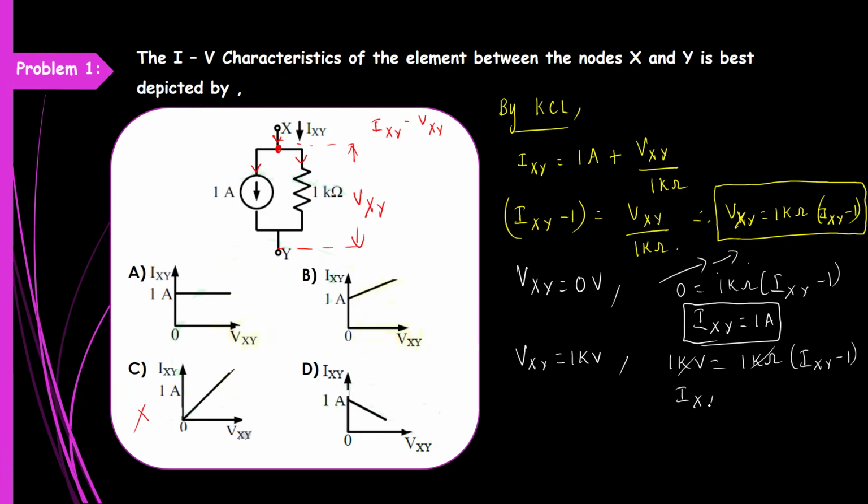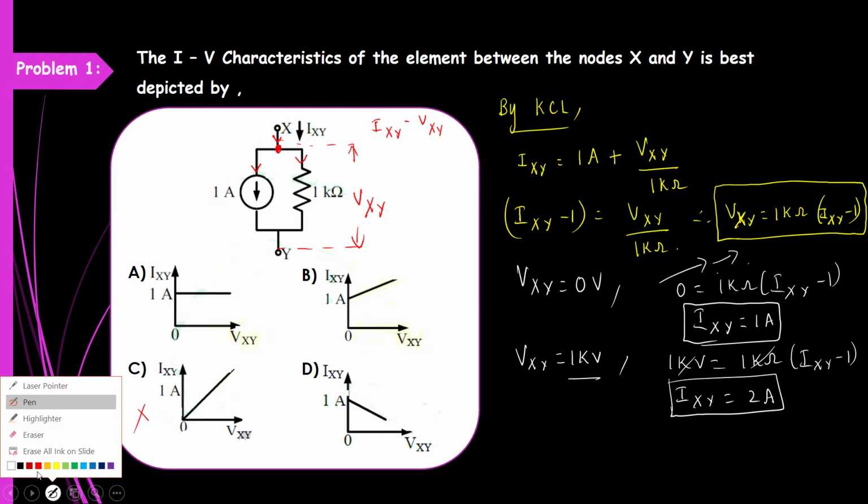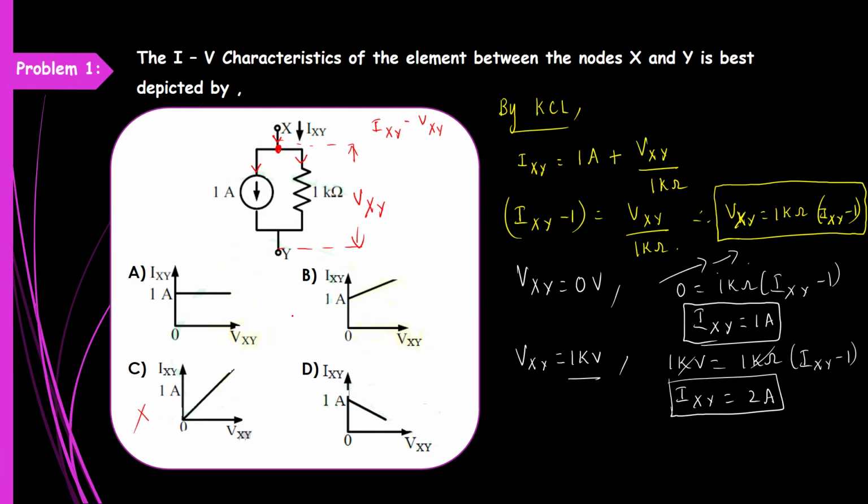So IXY equal to 1 plus 1, 2 amps. So we will obtain 2 amps for 1 kilovolt. So when VXY is increasing, IXY changes from 1 amps to 2 amps. That means IXY is increasing with respect to the variation in VXY. So therefore, option B is the correct characteristics for the given network.